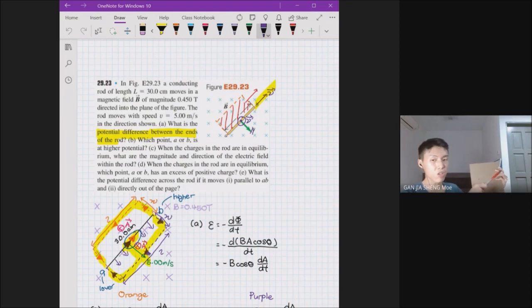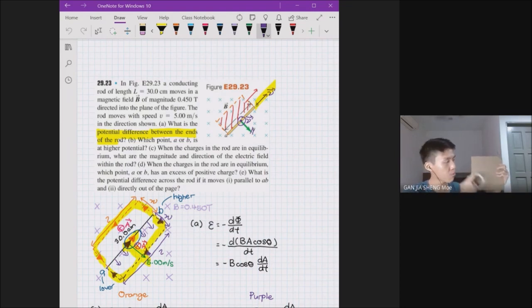You are just bringing the loop along the direction of the magnetic field. Okay, let's say this is my loop. I'm just bringing my loop, moving it out of the page.